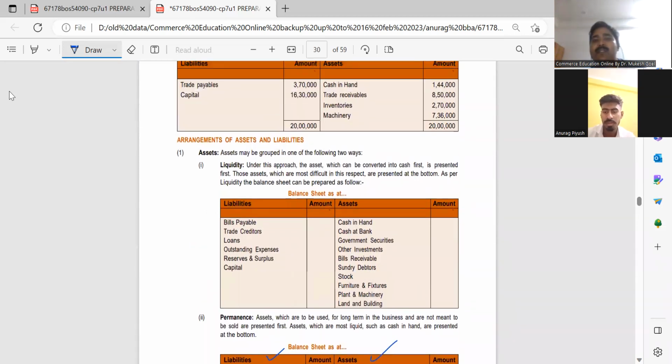So assets, what do you mean by assets? Assets are like furniture. Assets mean the amount invested by the business in fixed assets, in current assets, or in cash form.